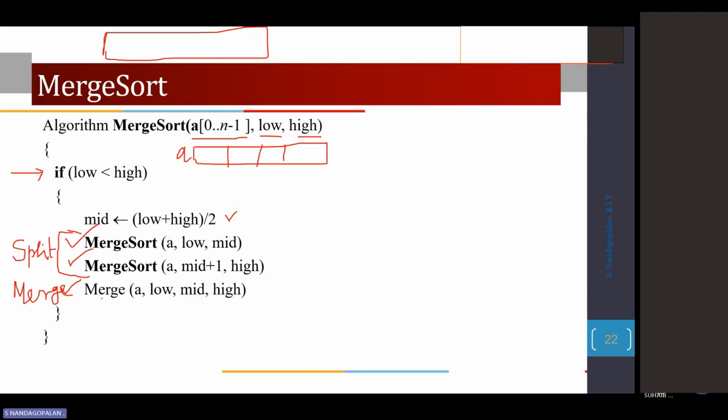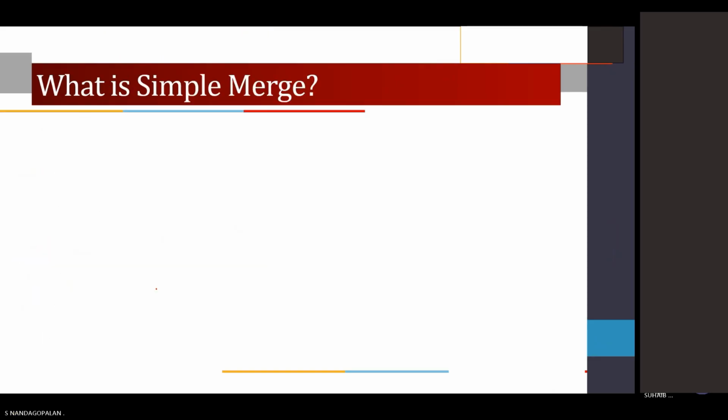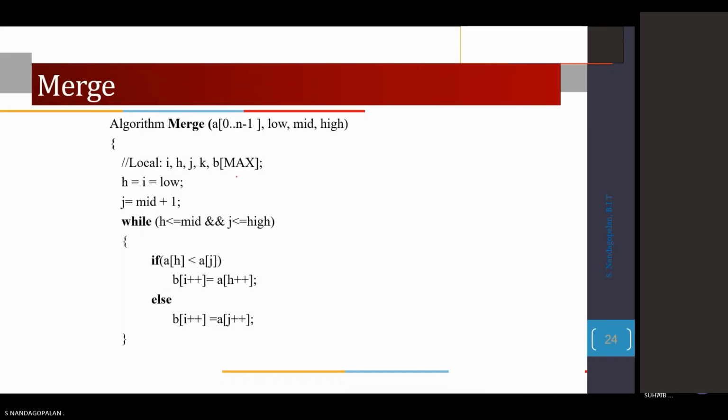Now we have to concentrate on this algorithm, how it works. So this is the merge where I'm supplying all this: low, high, mid. So you have low, mid, high. This is your low.